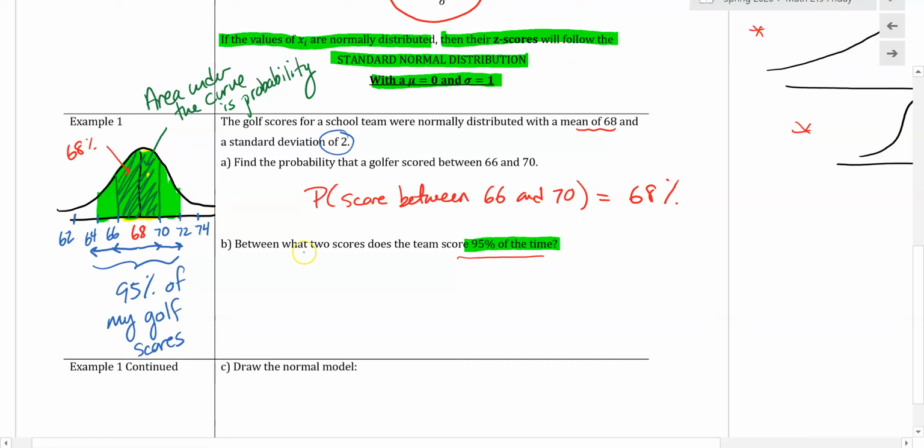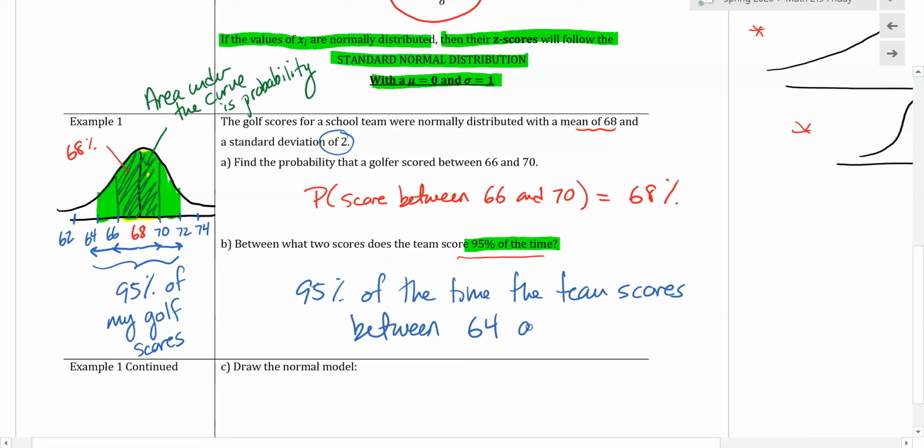So between what two scores does the team score 95% of the time? 95% of the time, the team scores between 64 and 72.